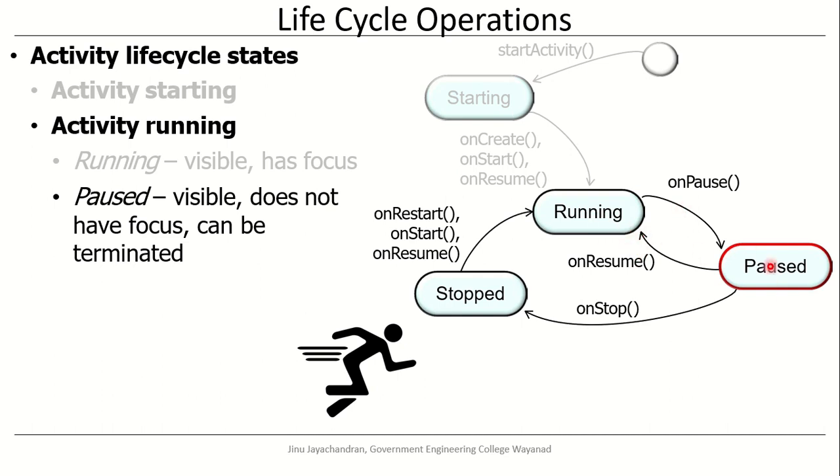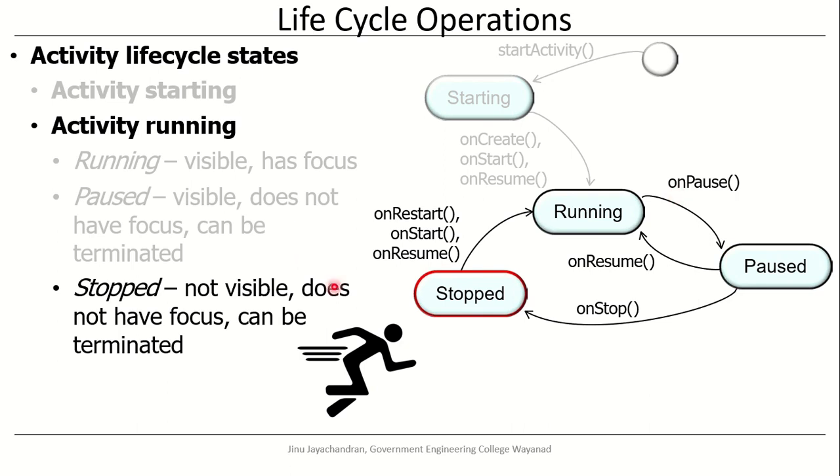Then the application is said to be in the pause state. In the pause state, it is visible but does not have focus and can be terminated. When you are in the pause state, the Android operating system will call the onPause method.